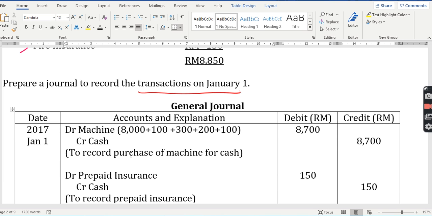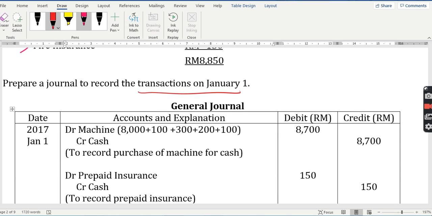Since insurance is an expense that you need to pay early before you are able to use it, it is considered as prepaid insurance. So we will debit prepaid insurance and credit cash. So 8,700 is to declare the cost price of the fixed asset, and 150 is to declare the fire insurance that you need to buy additional to what you already paid for the machine.